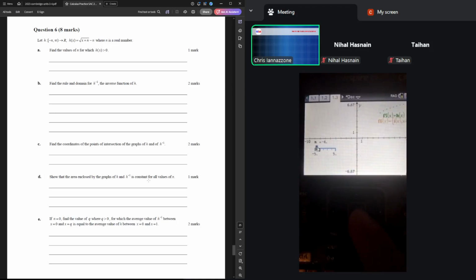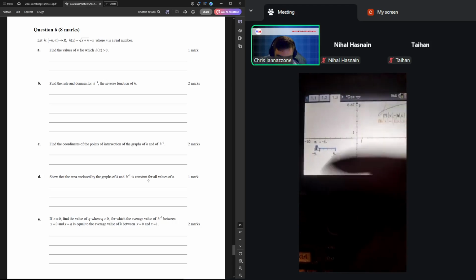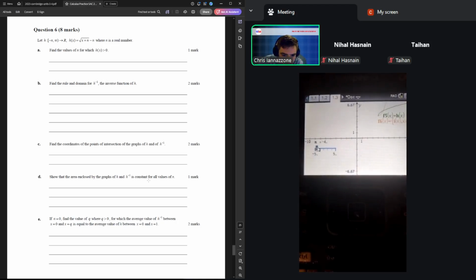Do it again, seems to be the same. If we go negative, I'm pretty sure there's just going to be no more. Actually, there is still a bound area. Yeah, so just by looking at what's going on, it's kind of like we're just shifting along the diagonal, the line y equals x there. Now, as for proving it, it should be a matter of determining that the bound area cancels out n and it becomes a constant.